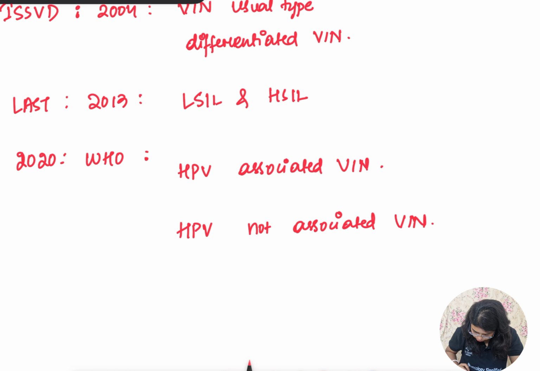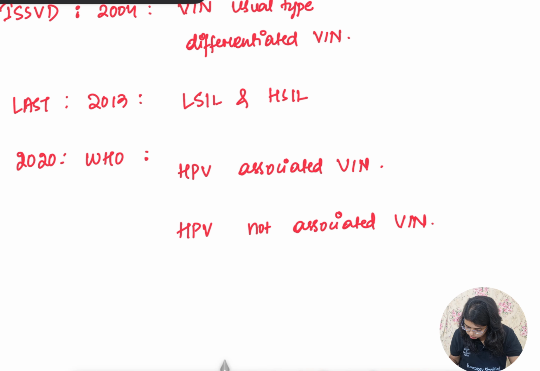HPV is the human papilloma virus. This is the most common and most important organism associated with vulval carcinoma and also the premalignant lesions.